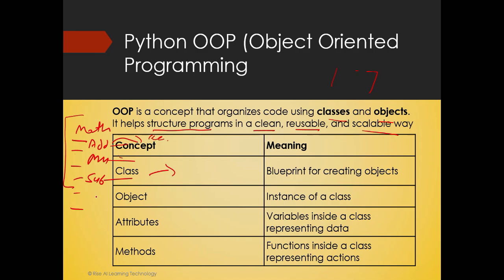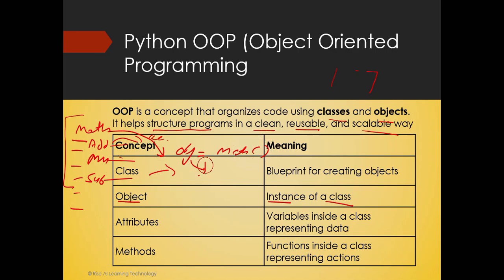Okay, so what is an object? An object is an instance of a class. Suppose you created this math class. To access it, I need to create something like obj equal to math class.